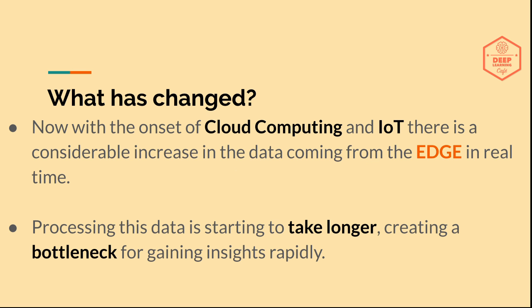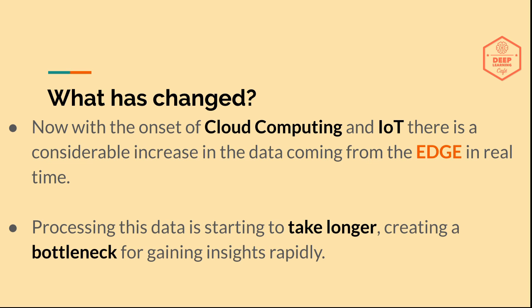And now, with the onset of cloud computing and Internet of Things, the volume of data coming in has increased by a huge amount. And what's happening is that it's now taking a lot longer to actually get insights from all the data that we're getting from the edge.